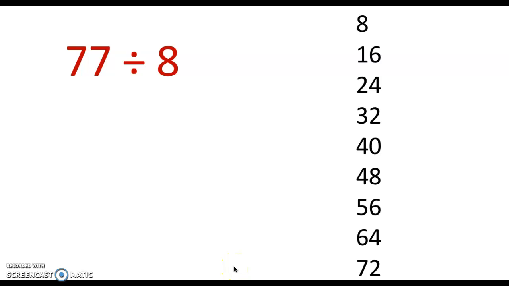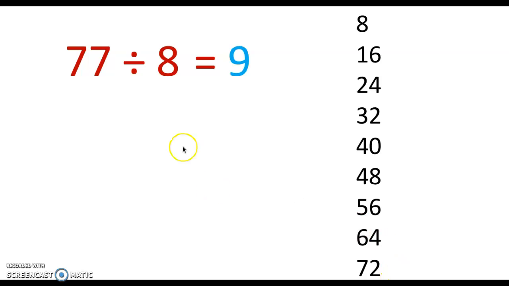So let's see how many times we skip counted, or 8 times something gave us 72. 8 times 1, 2, 3, 4, 5, 6, 7, 8, 9. So we were able to share and give everyone 9 cookies. But we did not use all of them because we ended up with a remainder.